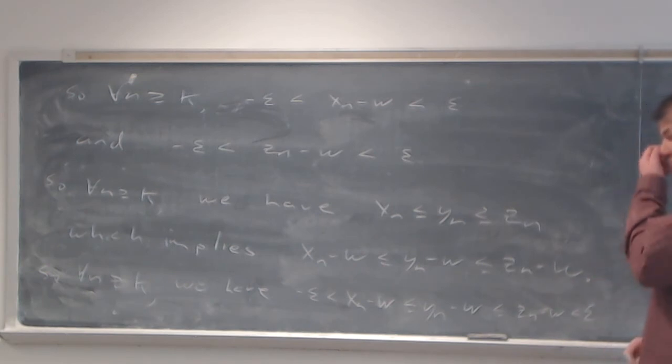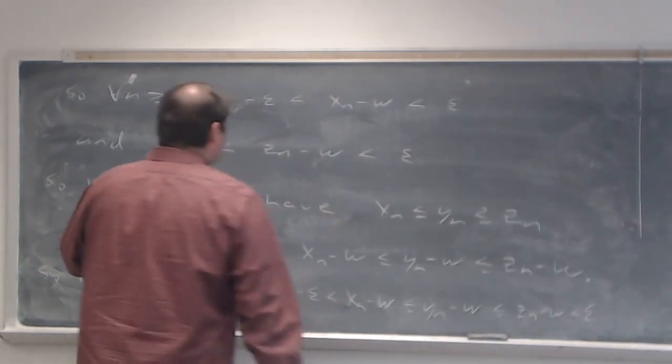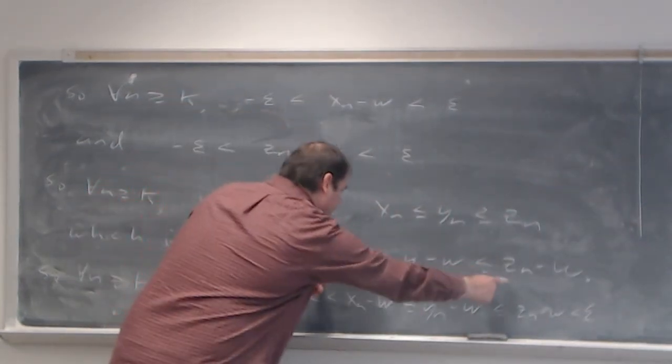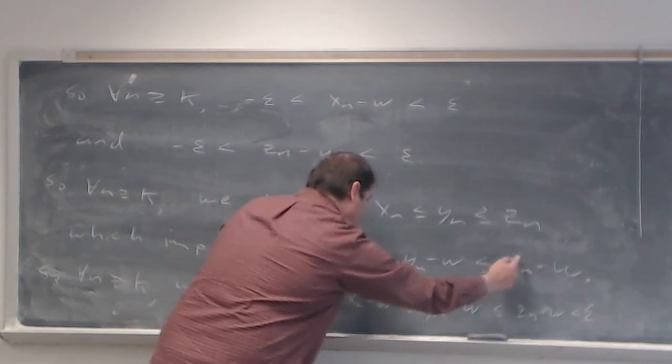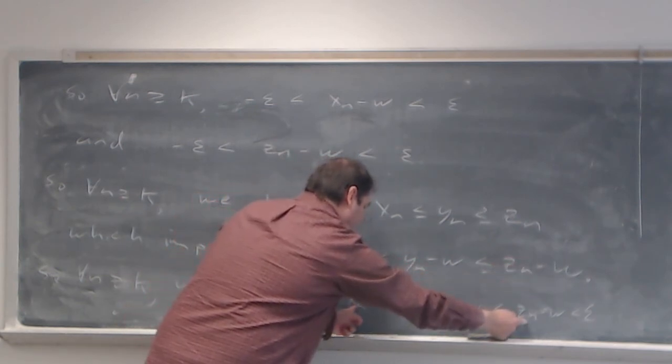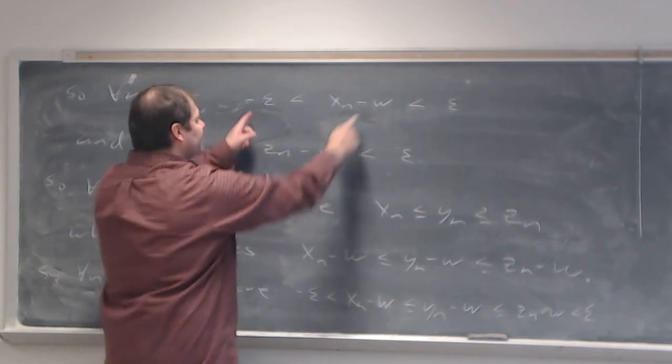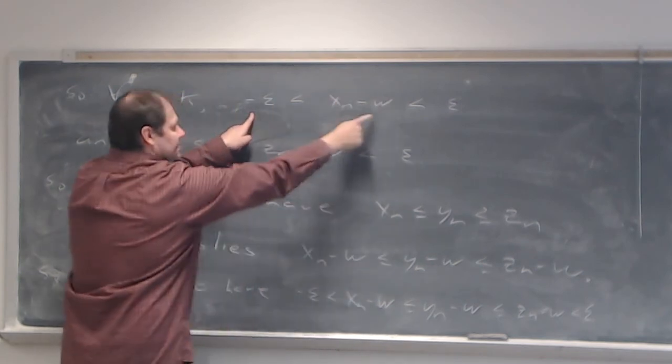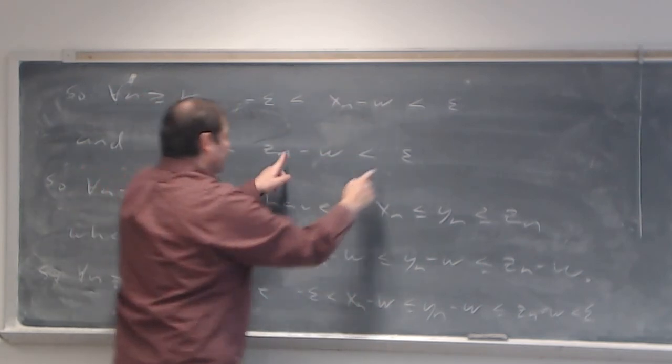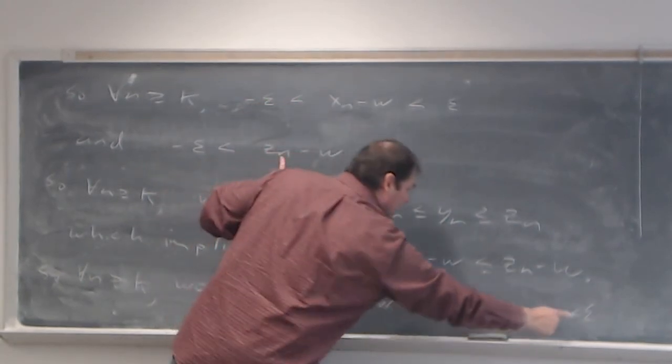Okay? So, what we used here is right here. I just rewrote the above inequality, but I added some parts. What I added came from here, minus epsilon is less than this part, and from here, z sub n minus w is less than epsilon.